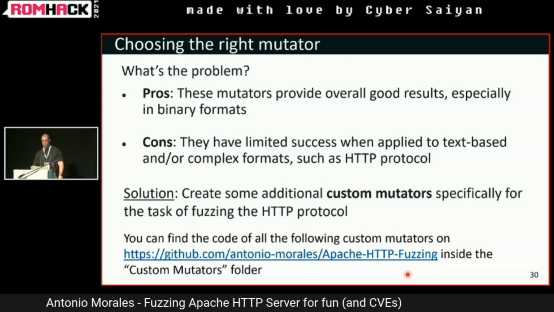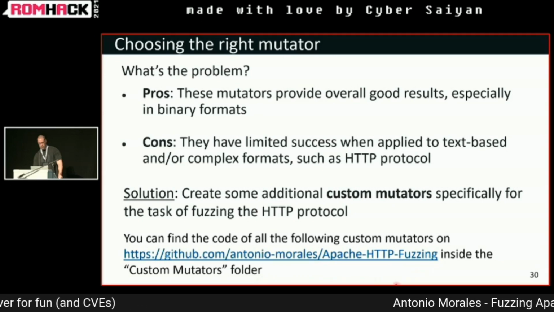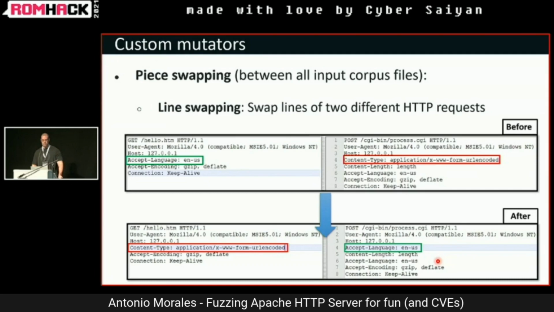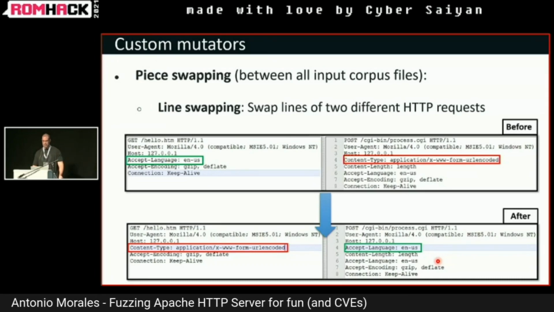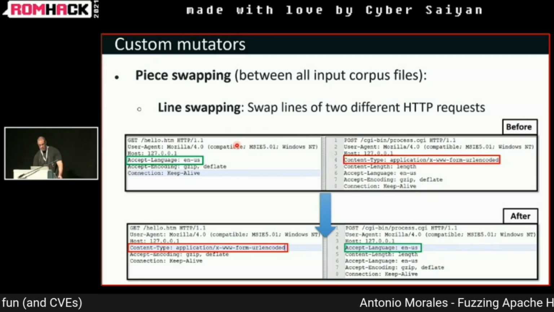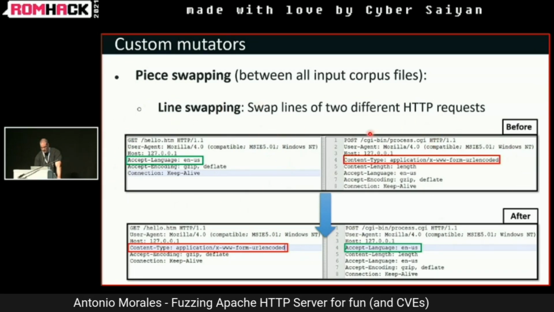You can find all the code related with these custom mutators in my GitHub repository. This is the link, Antonio Morales. For example, in this first example, we can see a simple custom mutator, the line swapping. You can see here two different HTTP requests, the GET request and the POST request.